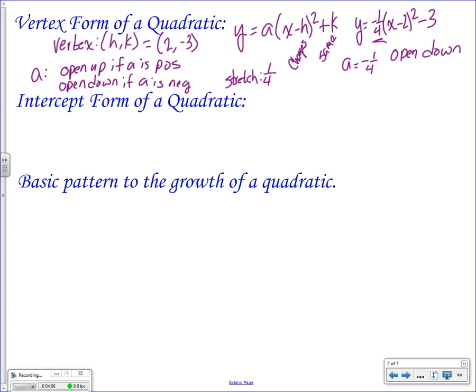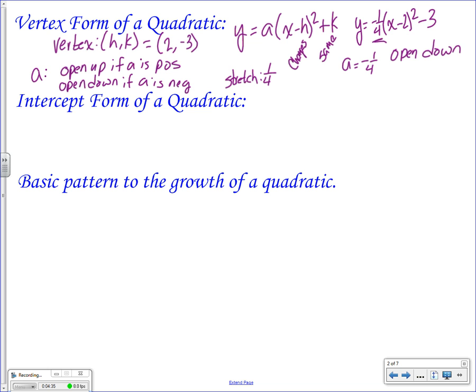It isn't like rise over run in quadratics, like in absolute values where it's rise over run. It's a curve, so it can't be the same every time. But it does affect it, and I'll show you how in just a second. So that's all we can get from vertex form.